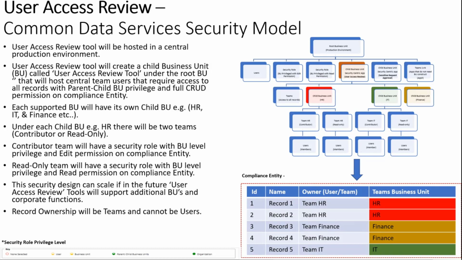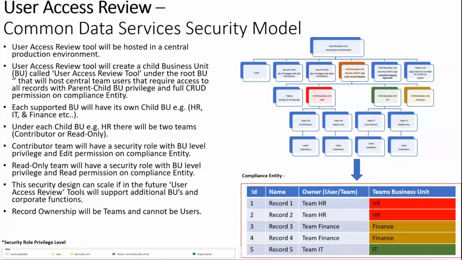So if the record is created by a person who belongs to the HR team, then the owner of the record would be the HR team. So any person in the HR business unit with contributor access could edit the record or read the record. That's how the ownership was set up, and that's how they met their requirements.